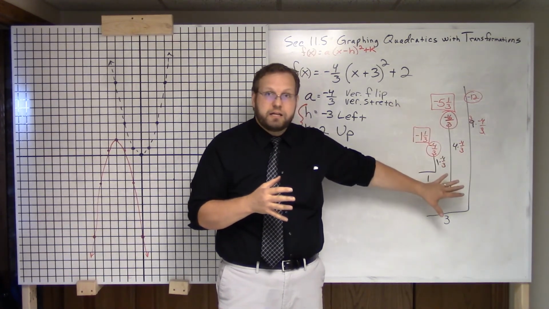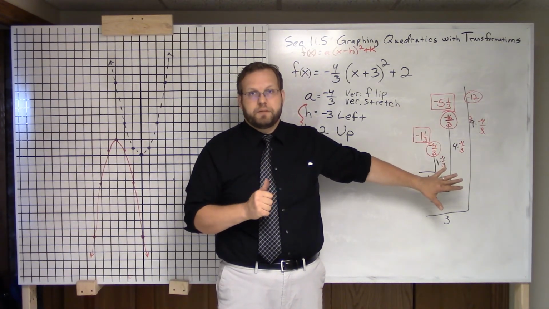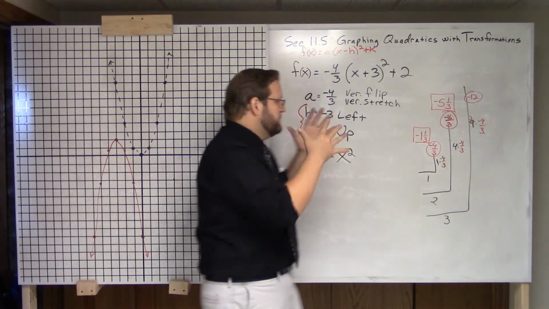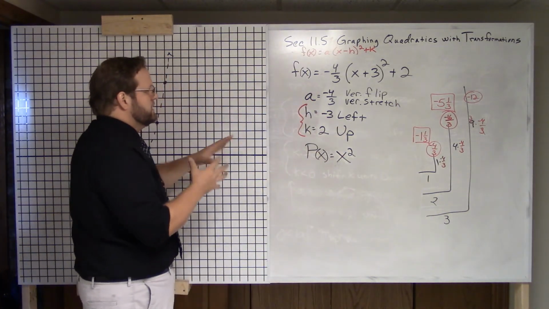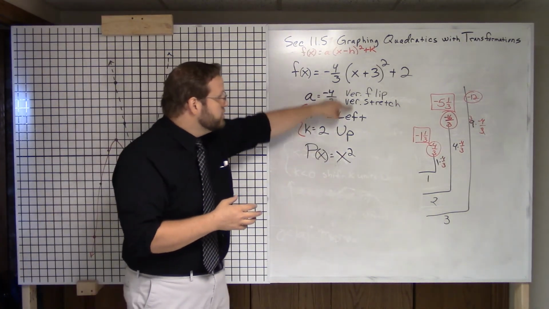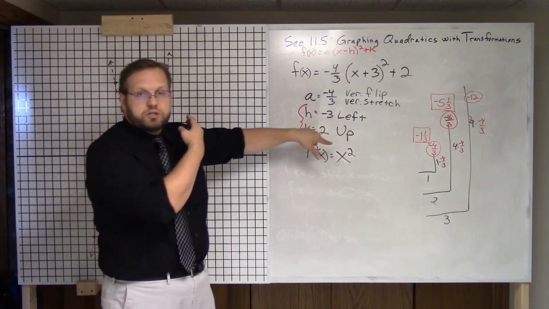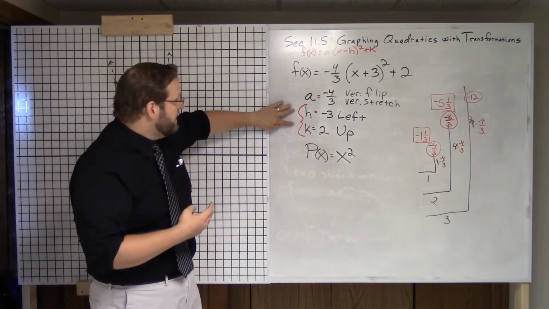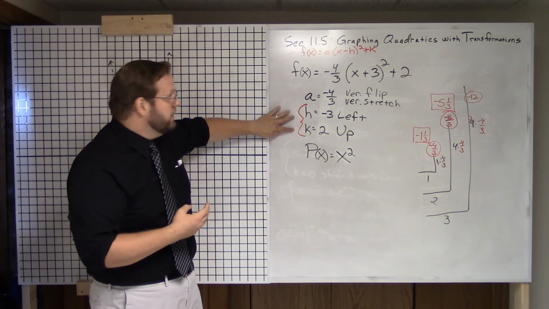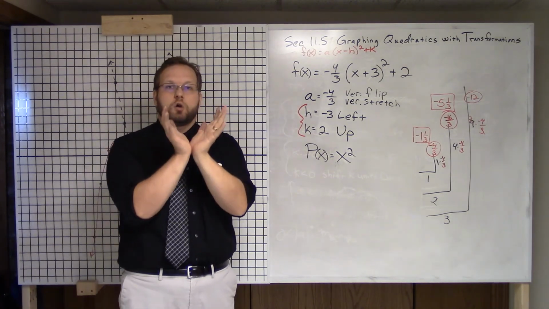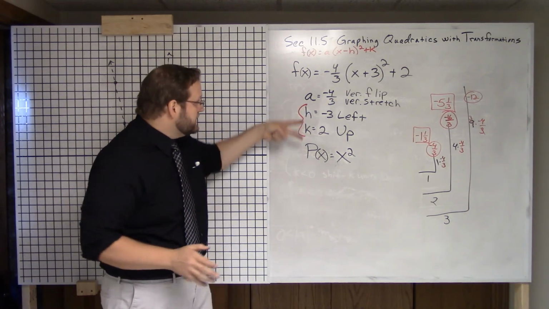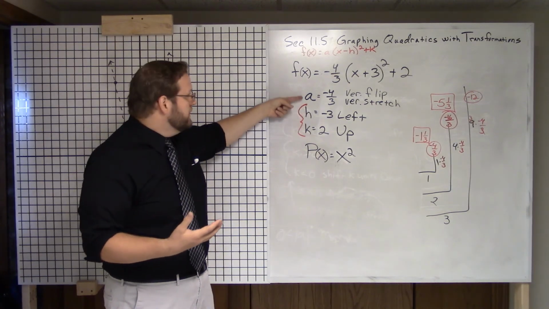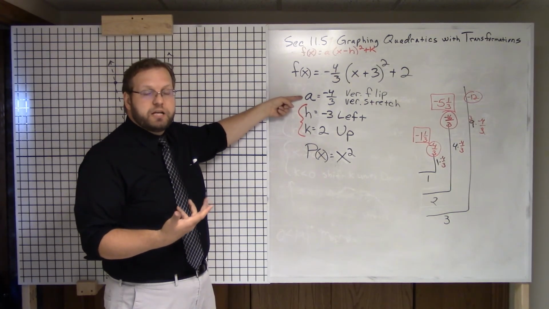It's just multiplication, nothing more than that. But what I want you guys to take as a big picture idea here is that once we pull these numbers, we interpret those numbers, it's just translating them to the graph. You have your vertex with the h and the k, which gives us the location, essentially, and then we shape it according to that a value. This gives us the shape of it.